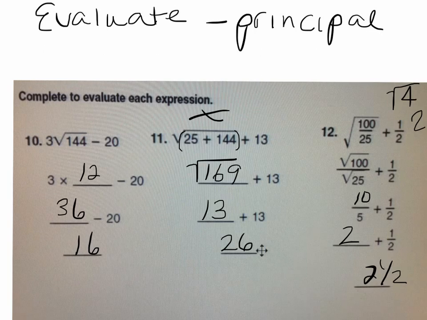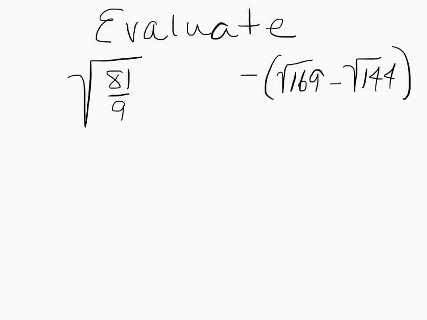We can break the square root up like we did in our example, or we can evaluate what's below the square root and then take the square root. We have choices. Choices are good. Why don't you go ahead and try these two on your own, see how you do with that.